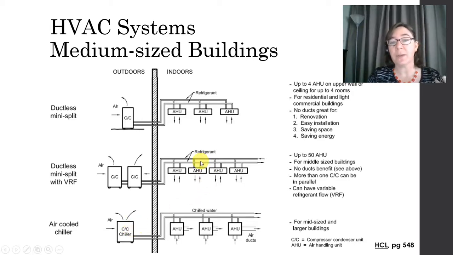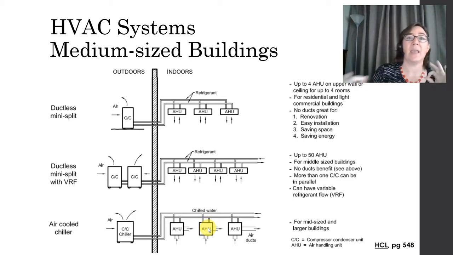Okay, the refrigerant fluid itself does not travel through the space. It is chilled water. All right, and then that is going to be delivered to individual air handling units, one for each zone of your larger building. Okay, the air handling unit will cool the air, which is then distributed to your spaces. All right, so this is a combination air and water system.